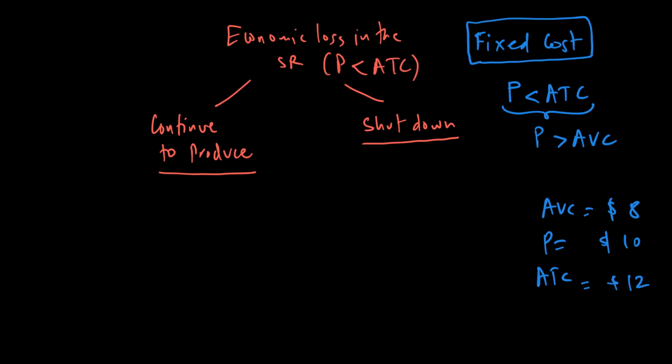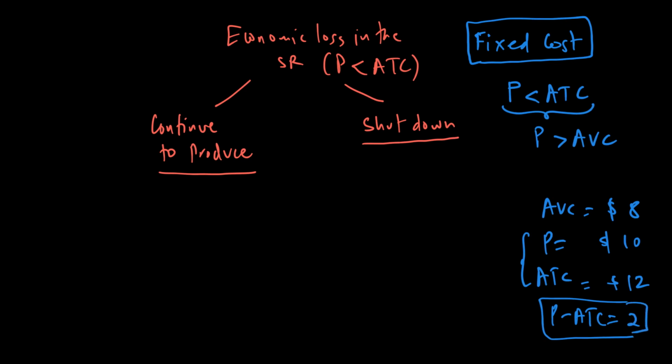In this case, the firm is making a $2 loss, right? Because price is less than ATC, P minus ATC is minus $2. But should you shut down or not? If you shut down, do you avoid the loss?